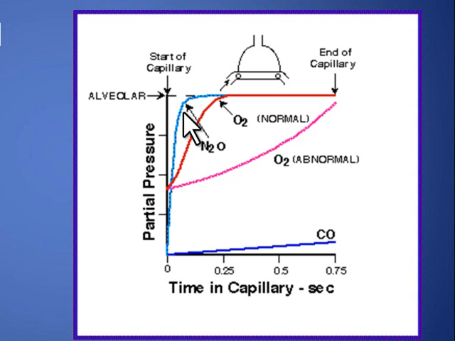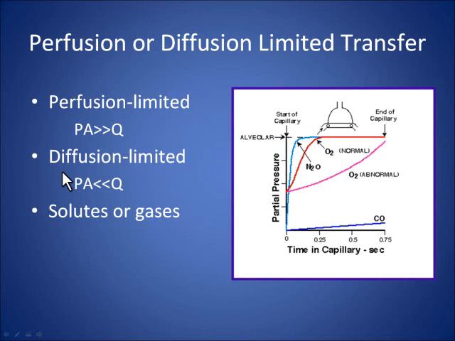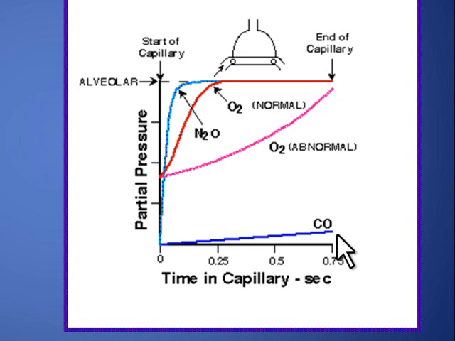An example of perfusion-limited transfer would be the movement of nitrous oxide across the alveolar epithelium into the perialveolar capillary blood. In contrast, diffusion-limited transfer occurs when the rate of diffusion is significantly less than the rate of blood flow, as one would find for the movement of carbon monoxide, which is a more polar gas than nitrous oxide or molecular oxygen.